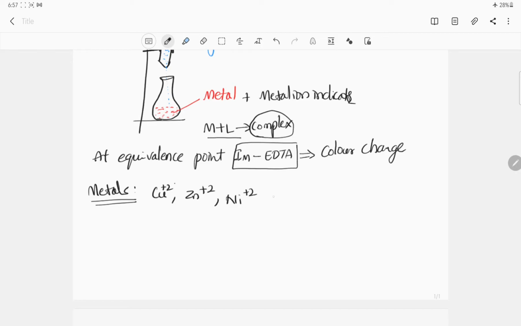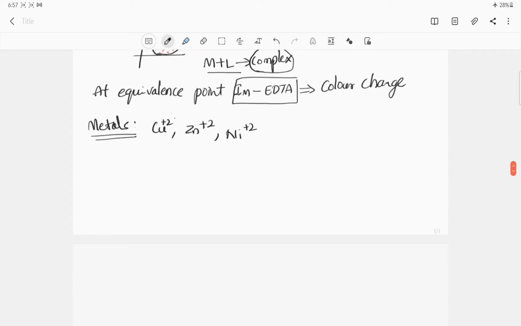They are directly titrated with EDTA to determine the percentage or the amount of metal present in the sample. Next, we'll see the back titration method.